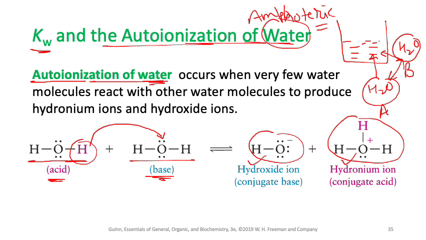This is called autoionization of water. Experimentally it's been seen that if I multiply the concentration of the hydroxide ion and the concentration of the hydronium ion together, you will have a constant number. Let's go to the next slide and talk about this a little bit more.